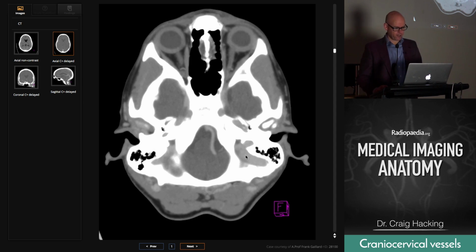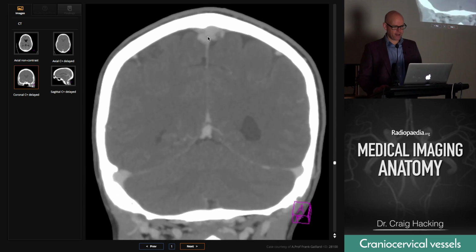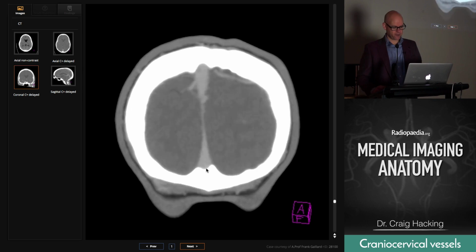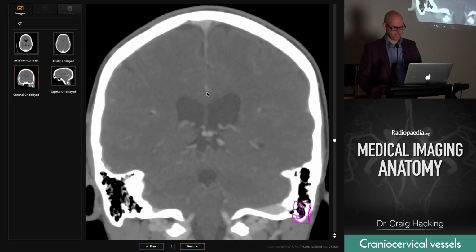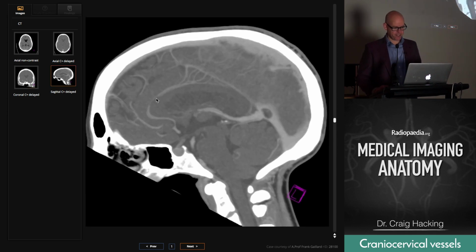If we look at it in coronal, you can see the triangle here running in the edge of the falx as it meets the skull, coming down posteriorly to join back here. We also have one that runs in the free edge. It's pretty underdeveloped actually in this patient. This is the inferior sagittal sinus, the free edge of the falx, and it comes back to join here and become the straight sinus.